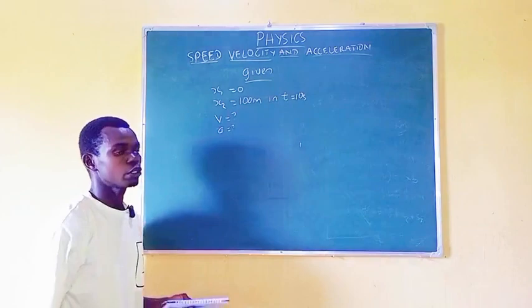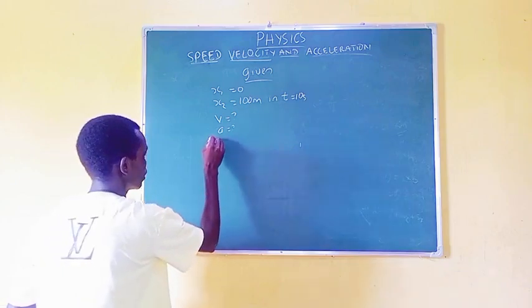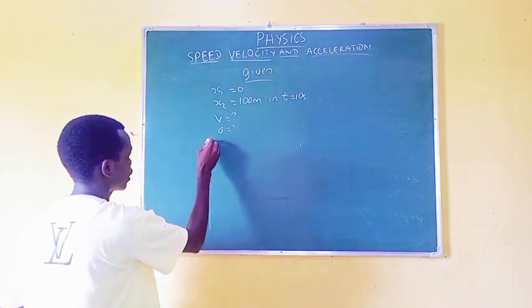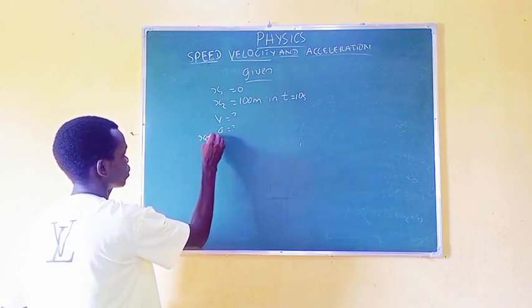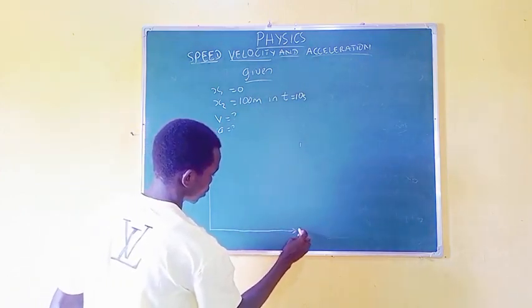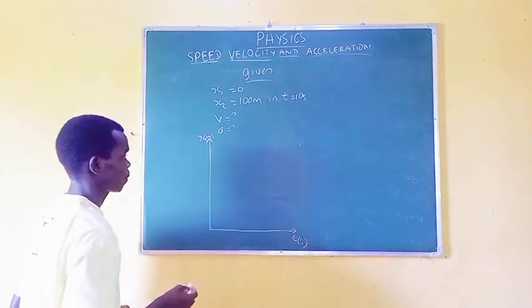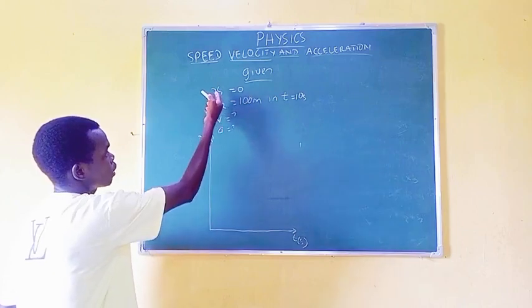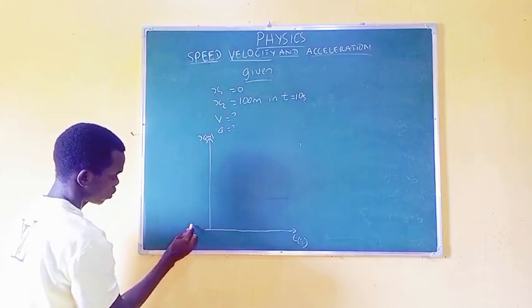First thing to do, we draw the displacement or distance time graph. We have the vertical axis, which is displacement in meters, and the horizontal axis is time in seconds. From here, we have initial displacement to be 0, which is here.